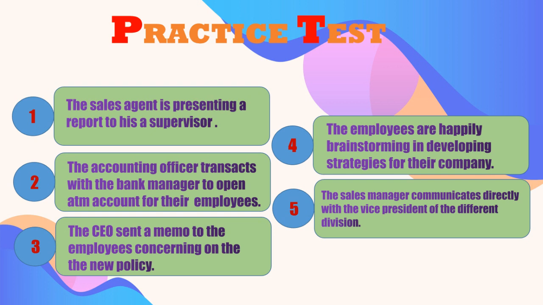Number 1. The sales agent is presenting a report to his supervisor. The answer is upward communication flow. Next, the accounting officer transacts with the bank manager to open ATM accounts for the employees.